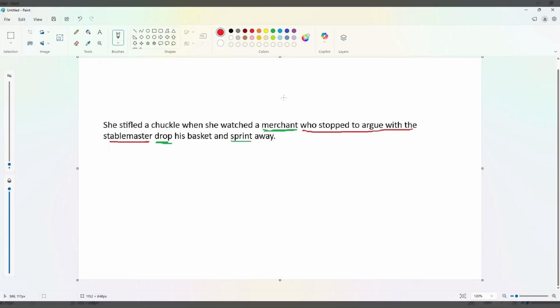So what are some easy fixes when we have a clause like this interrupting our subject and verb? Well, one thing we can do is move the clause all the way to the front of the sentence, right? Boy, I say right a lot when I make these videos, don't I?